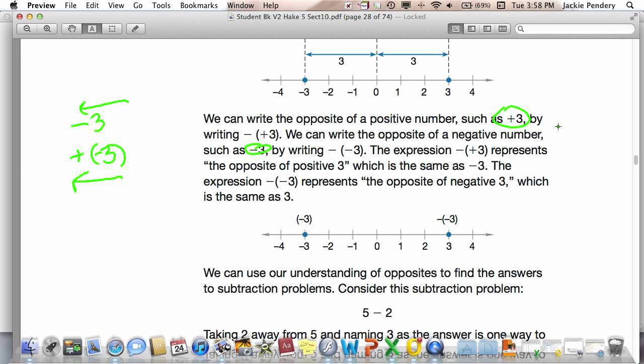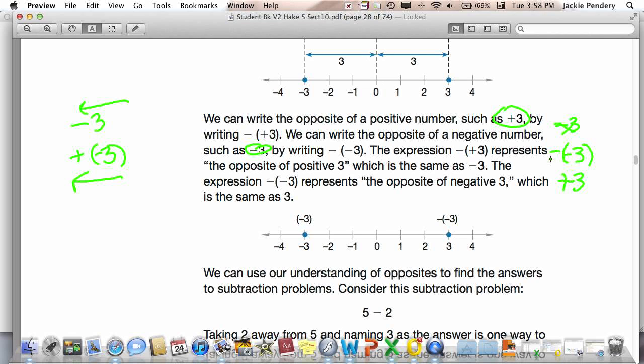I can also say minus -3 is the same as +3. A negative and a negative combine to make the opposite, which is a positive. Now that might sound a little confusing, but what this means is the opposite of -3.